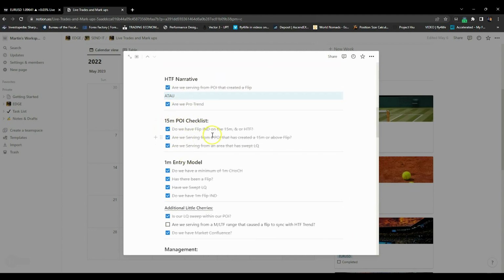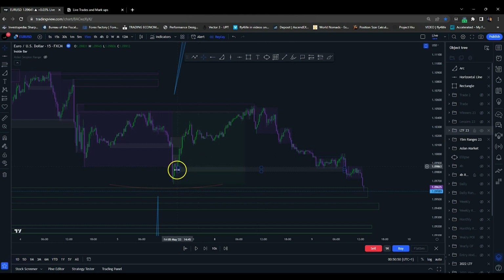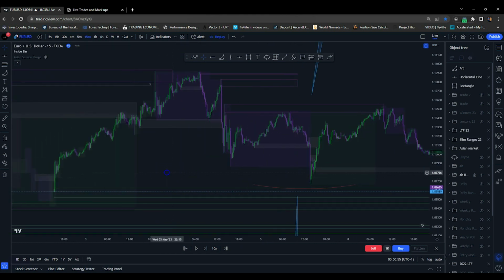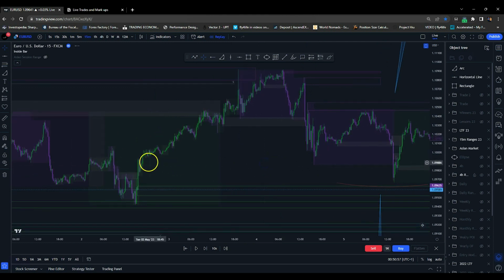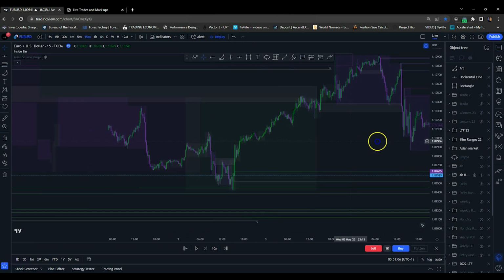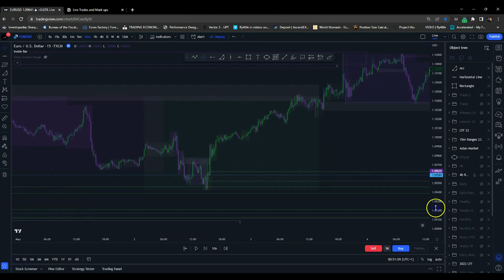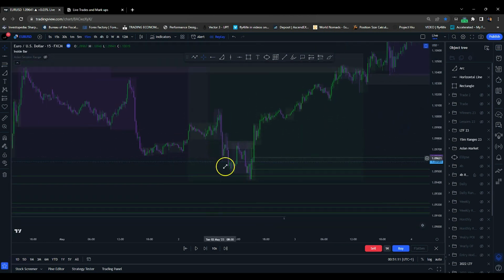Alright, 15-minute. Do we have flip inducement on the high time frame? We just saw that big low inducement flip, the sweep, sorry, which is all this. This is our liquidity, this is our fuel. We've also got more here, which was nice before it flipped this area and went on to break, which was nice. And then this is what I really liked, this whole interaction of price action here.